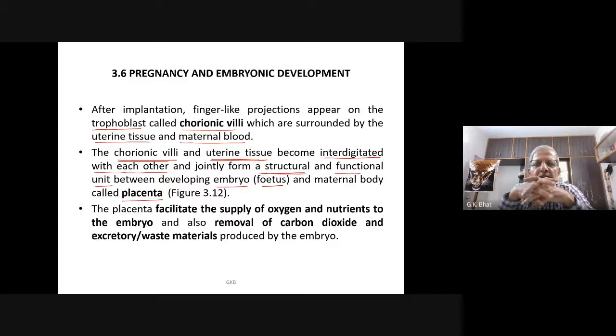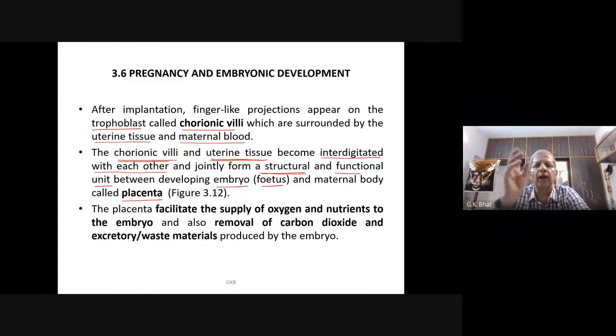The placenta is mainly concerned with supplying oxygen from the mother to the fetal tissue, taking away carbon dioxide from the fetus and moving it towards the maternal tissue, supplying nutrients to the fetus, and carrying away the excretory or waste material produced by the embryo.